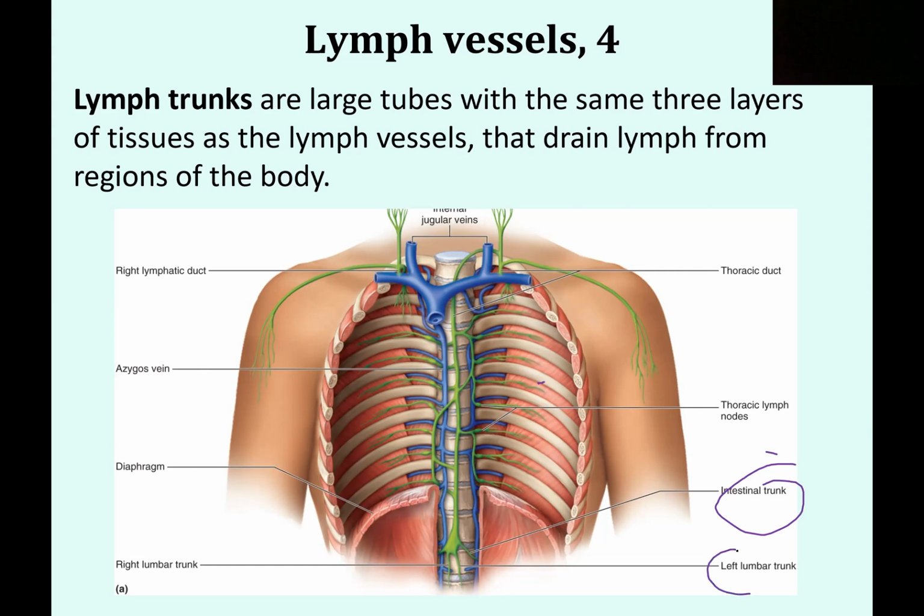We have lumbar trunks. There is an upper limb trunk. The lower limb are going to dump into the lumbar, the intestine and abdomen dump into the intestinal trunks.